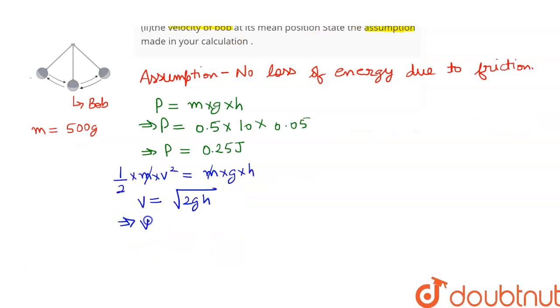On simplifying, we get v is equal to under root of 2 into g, g is 10, h is 0.05 meter. So the value of v comes out to be under root 1, which is 1 meter per second.